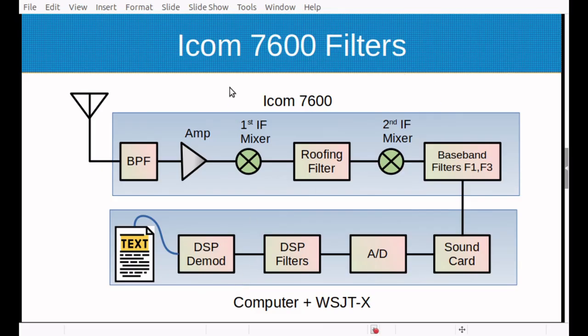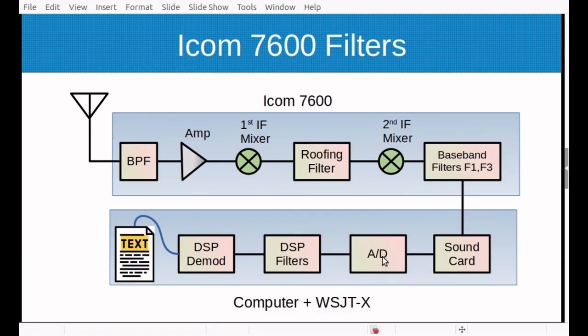This is an important slide because it's critical that we understand how the filtering is done. If we think at a high level, think about the end process that's going to have to be done. The WSJT-X running on our computer is going to have to take the information from the sound card, which is audio.